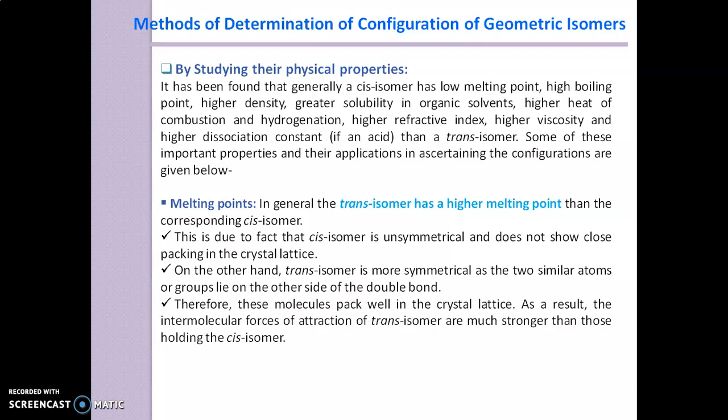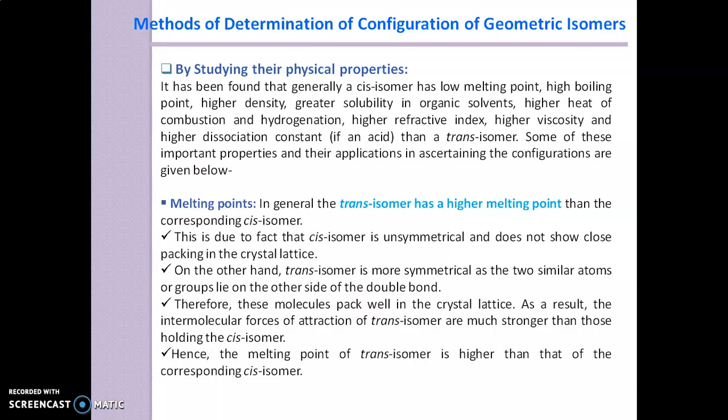As a result, the intermolecular forces of attraction of the trans isomer are much stronger than those holding the cis isomer. Hence, the melting point of the trans isomer is higher than that of the corresponding cis isomer.